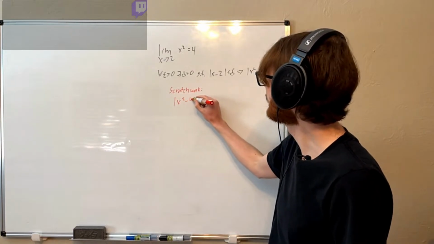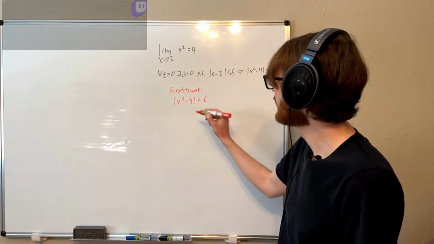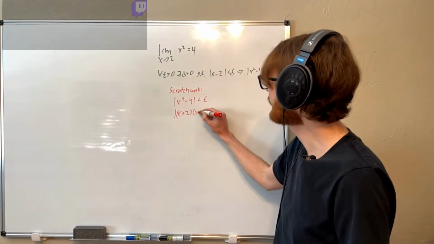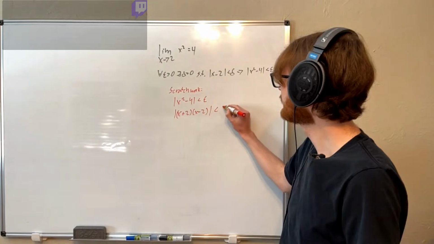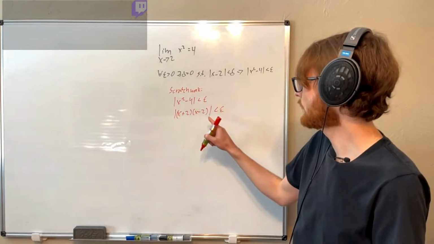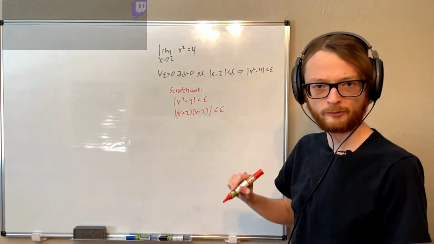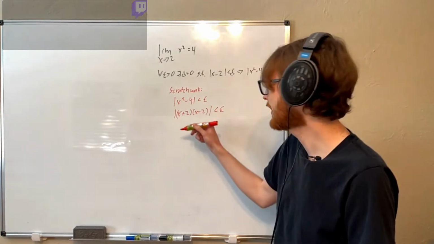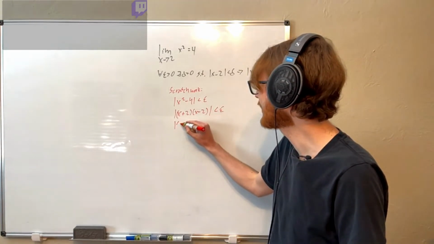So |x squared minus 4| less than epsilon. X squared minus 4 factors to (x plus 2) times (x minus 2). And we observe there's an x minus 2 here and an x minus 2 there, so we want to key in on that. The absolute value of a product of two things is the product of the absolute values.